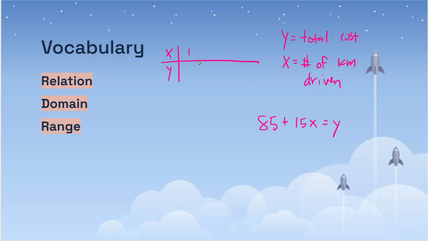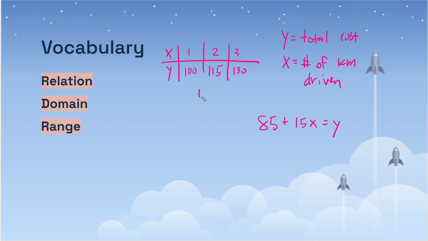So you might remember that it costs $85 to get into a taxi, and then another $15 per kilometer, right? And that gives you a total cost. So at 1 kilometer, it is 100 NT, and at 2 kilometers, it is 115. And at 3 kilometers, it's 130, and so on and so forth. So each one of these we can put onto the coordinate plane.